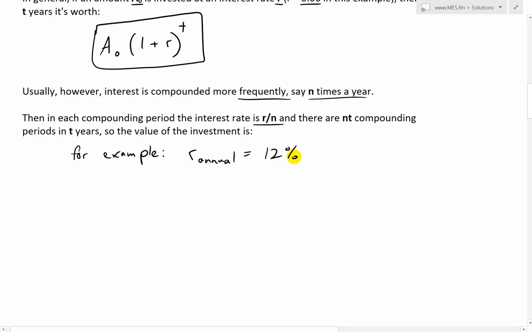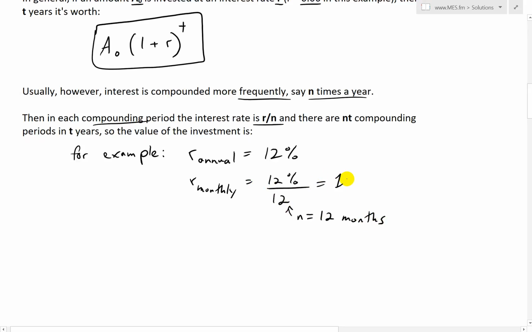It's easy to divide, and we want to compound instead, let's say monthly. So what we would do is get a monthly interest, and you could just divide this by 12 months. Divided by 12, and this is our n equals 12 months. So that's what we have right there.